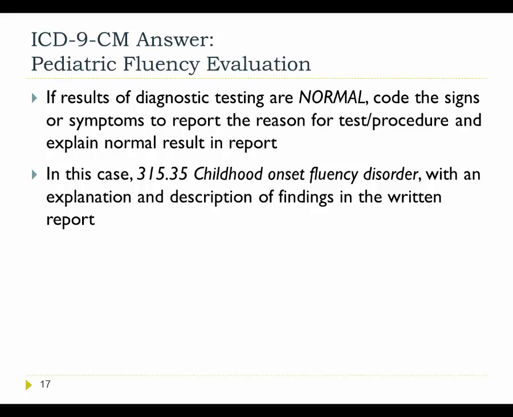If the results indicate normal fluency, you would code the signs so that you are reporting the reason for the evaluation. However, you will explain that the results are normal. In other words, you would choose 315.35 or childhood onset fluency disorder.